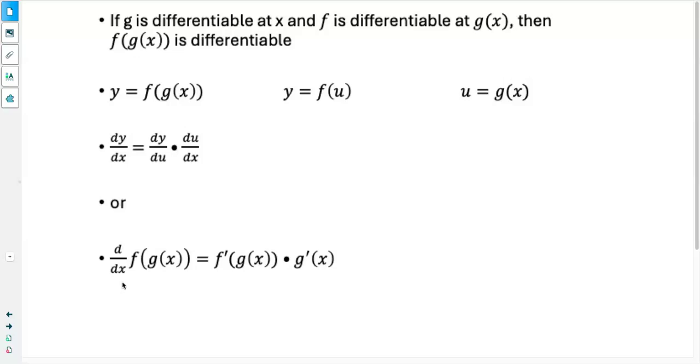Or another way of writing this is our derivative of f of g of x is equal to our derivative of f at g of x times our derivative of g of x.